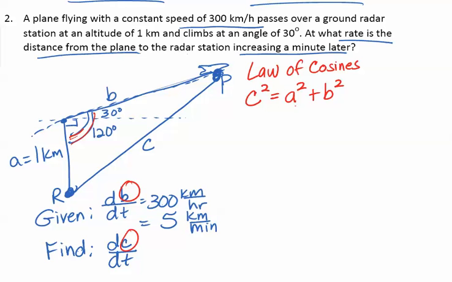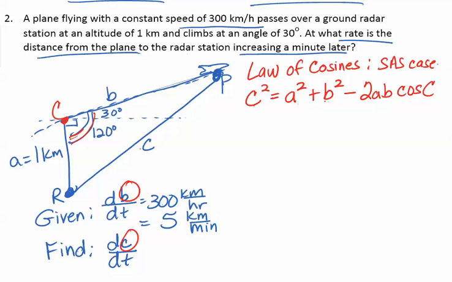So c squared is almost like the Pythagorean theorem, but then we add this minus 2 times AB, and then cosine of the angle between them. So the angle between them is the angle across from side C. So this is the law of cosines for our side angle side case.